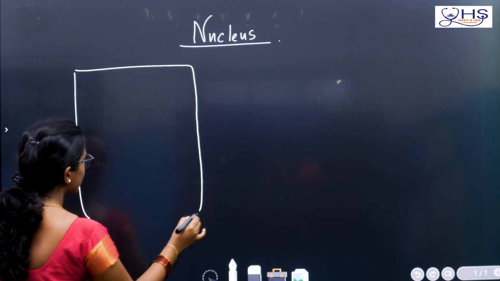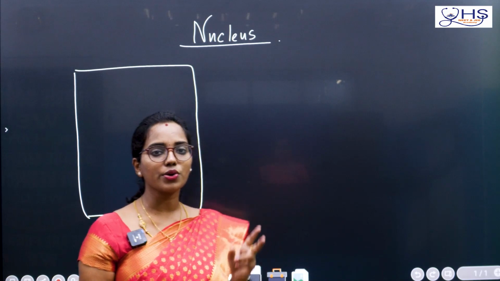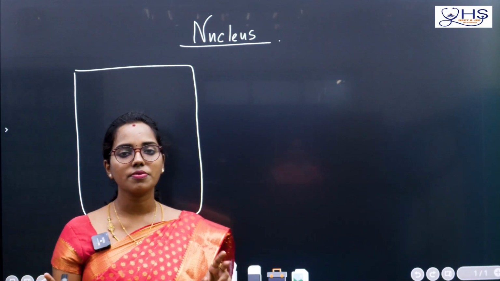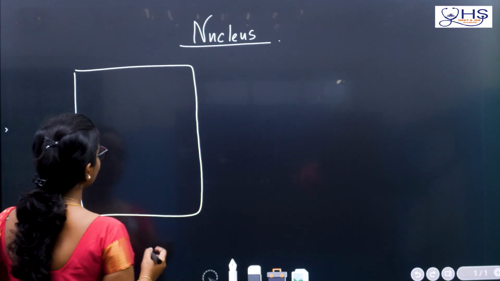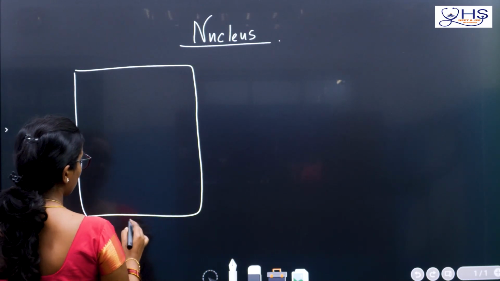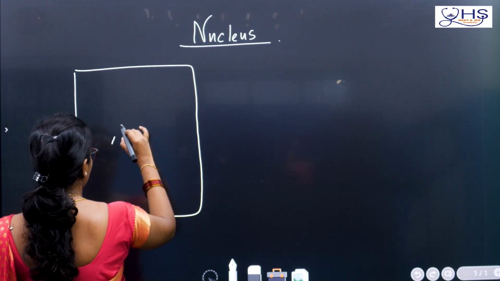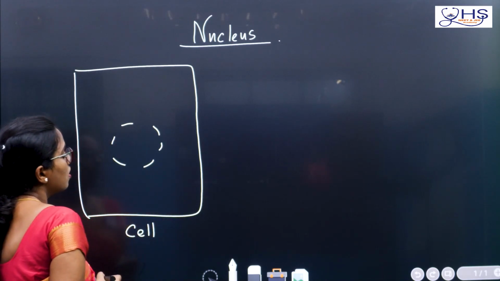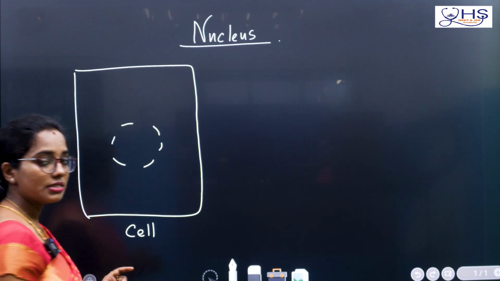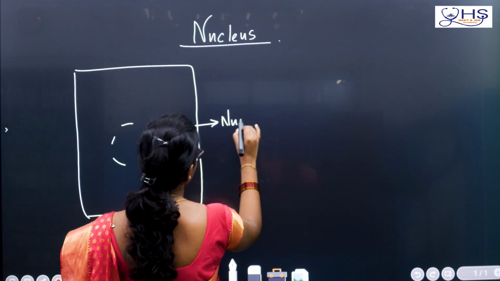The nucleus is present in all types of eukaryotic cells. Eukaryotic cells are of two types. One is animal cell, another one is plant cell. So here, if you take a normal typical cell, in the middle part of the cell, the structure we have drawn first is the nuclear membrane.